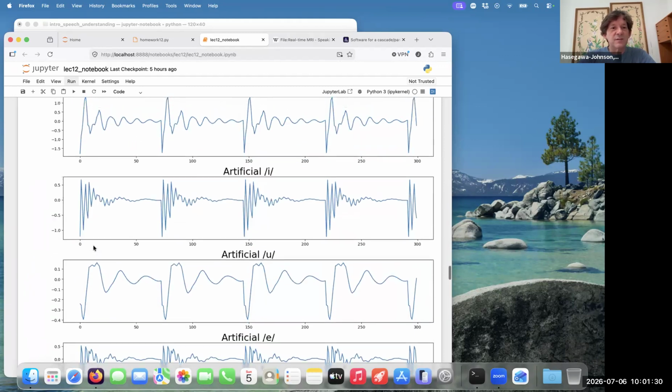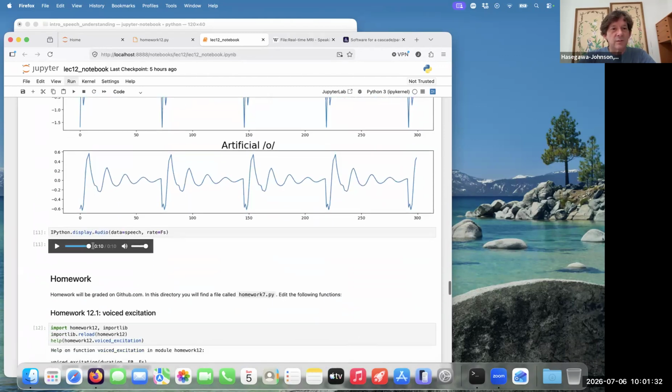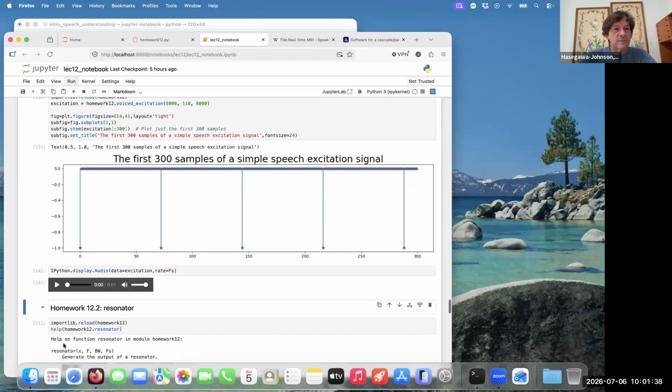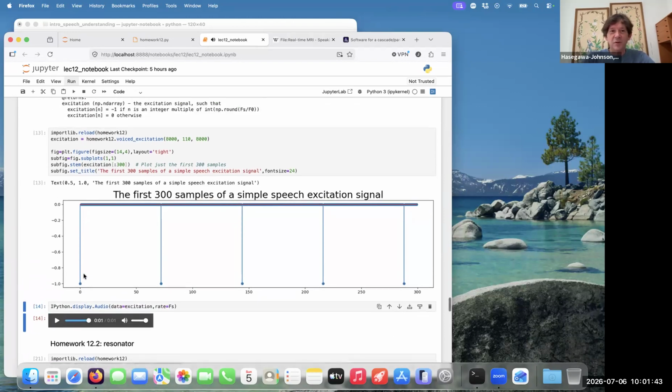And how do I specify the rate? Rate equals. All right, good. That's the buzz that we were looking for. So we've created this buzz.